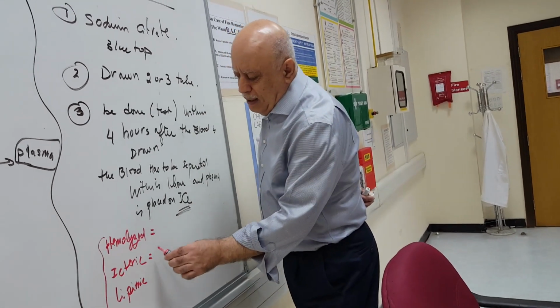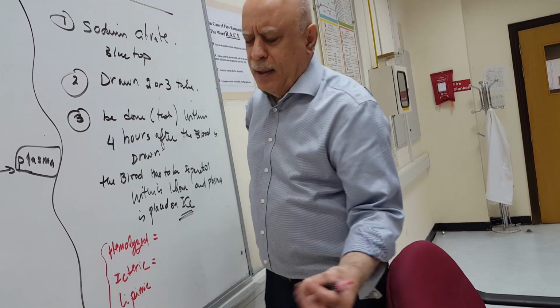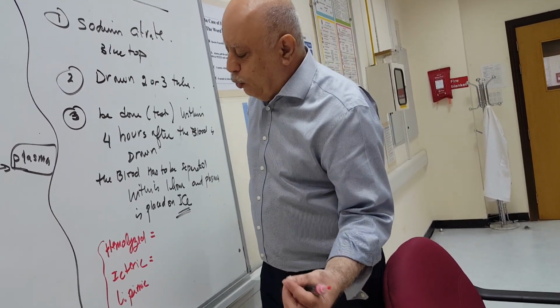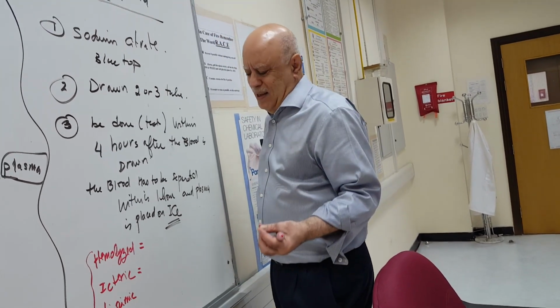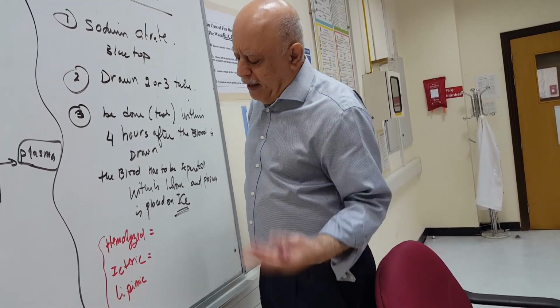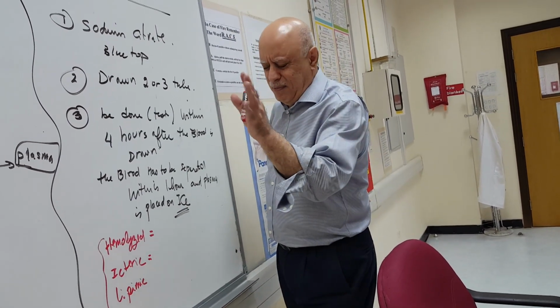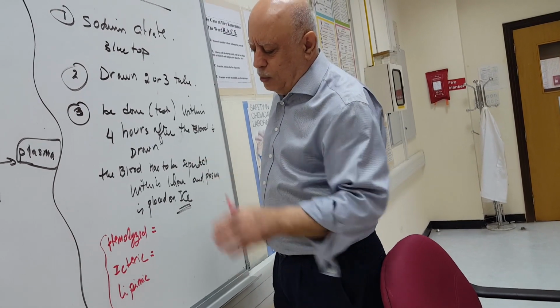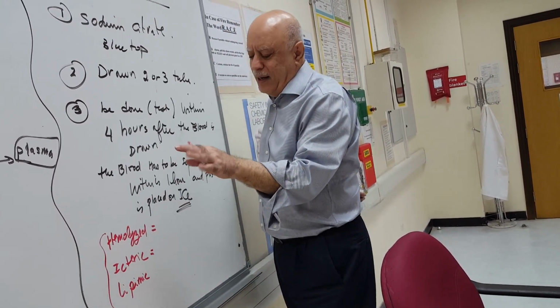Icteric means the plasma has a high amount of bilirubin. Lipemic has a high amount of fat, especially triglycerides. You can see it like very cloudy, or sometimes you see it white. Here the color is like yellow green.